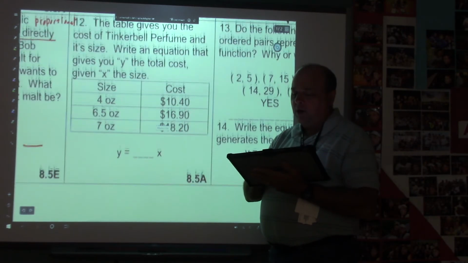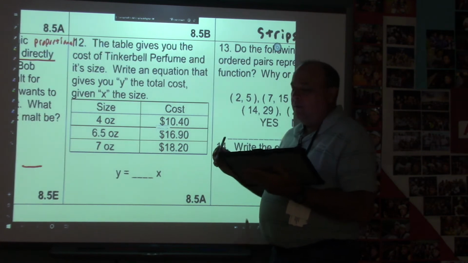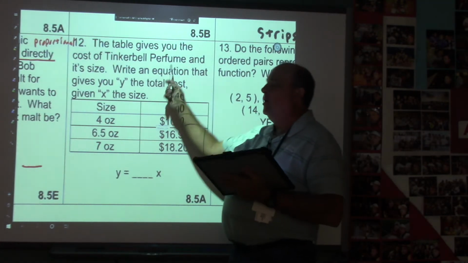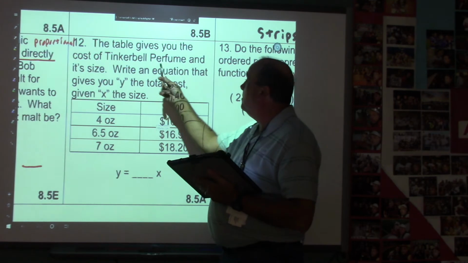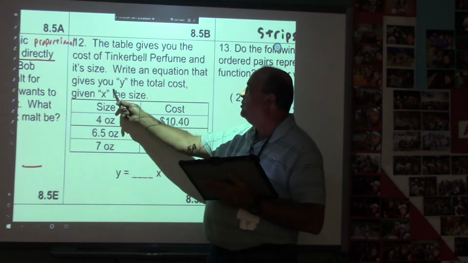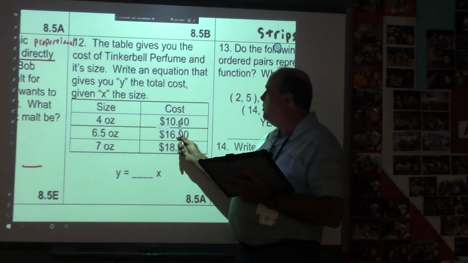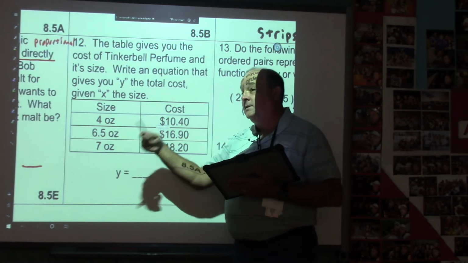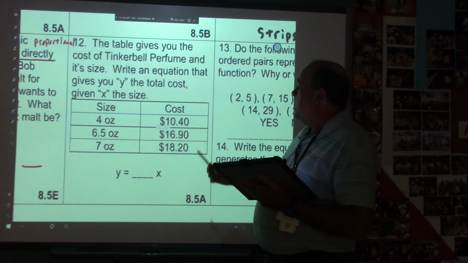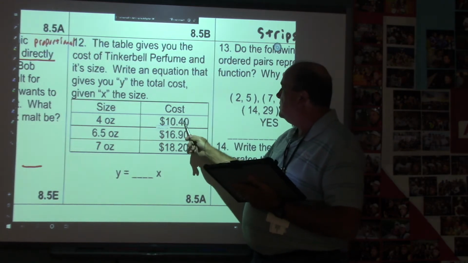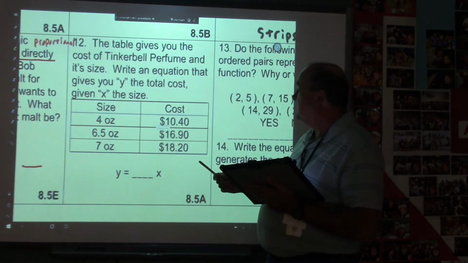Okay, on this problem right here, the table gives you the cost of Tinkerbell perfume. Writing the equation gives you the y, the total cost of the sides given x. So what you want to do here is divide these and see if it's the same, okay? I'm going to let you do that on your own. Just take this and divide, and you'll get the same answer every time.